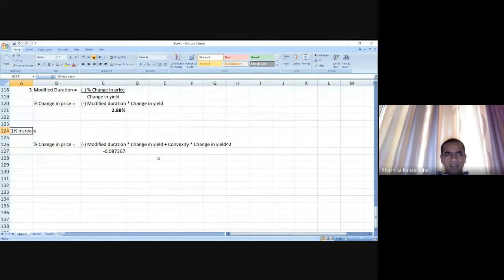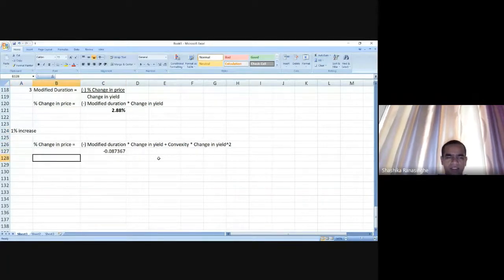When there is a 1% change in yield, the bond price is currently 908.